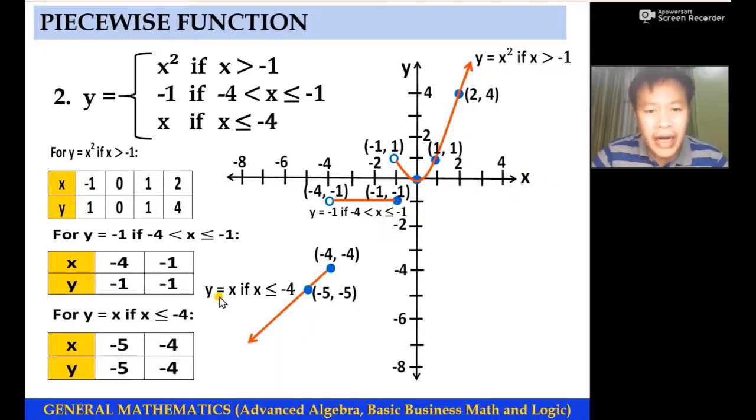But take note, our domain is limited to x is greater than negative 4 and x is less than or equal to negative 1. If x is equal to negative 4 and y is negative 1, negative 4 is not a part of our domain. Therefore, this is our point.